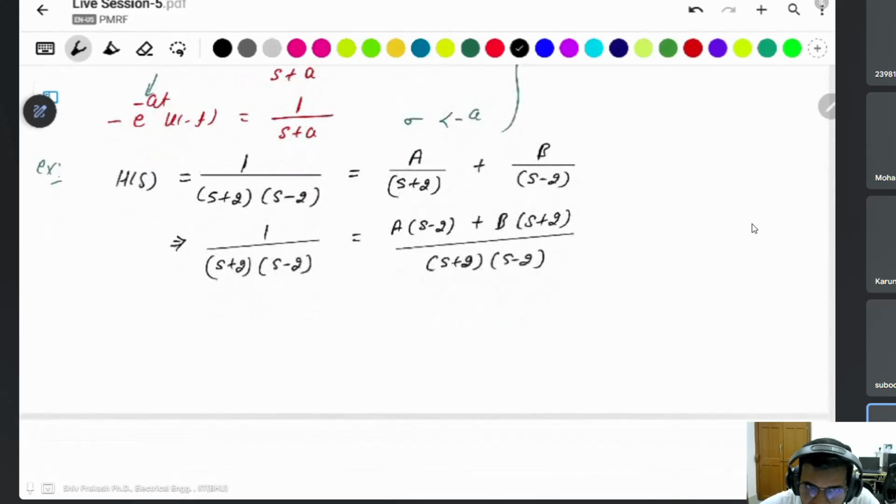The denominators will be cancelled out. You can see here both are cancelled out. This will be a s minus 2a plus b s plus 2b.